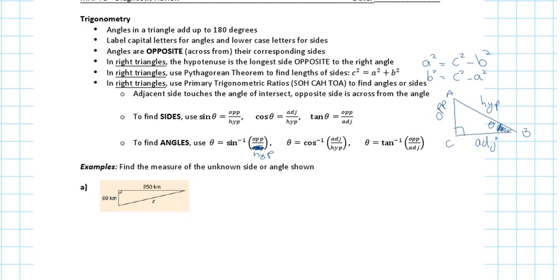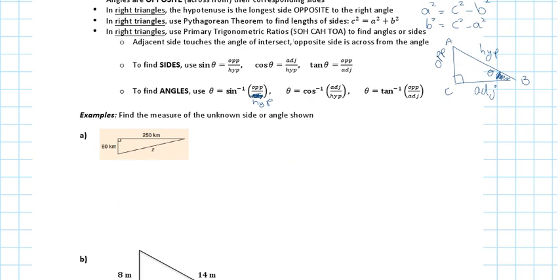I'm looking for the hypotenuse. So tell me, what do I have? Z squared equals 250 squared plus 60 squared. In this situation, I'm going to use my original formula, because I'm looking for the hypotenuse.